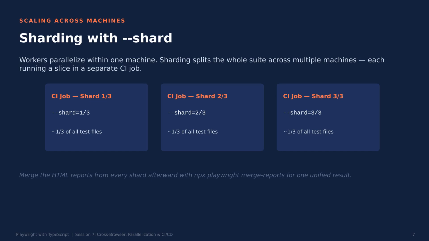Picture 3 CI jobs, each labeled shard 1 of 3, shard 2 of 3, shard 3 of 3, each one running --shard equals its own number out of 3, and each one handling roughly a third of all your test files. Afterward, you merge the HTML reports from every shard back together using npx playwright merge-reports, so you end up with one single unified result to actually look at.